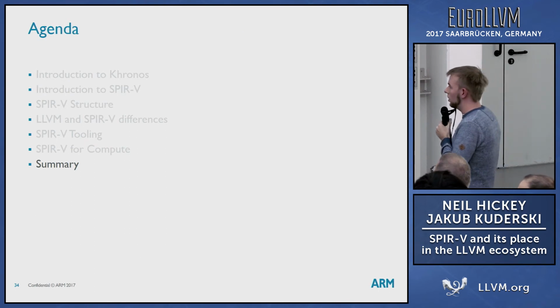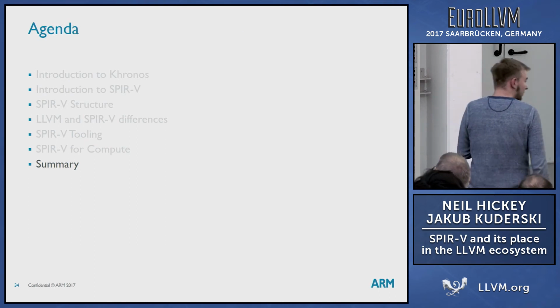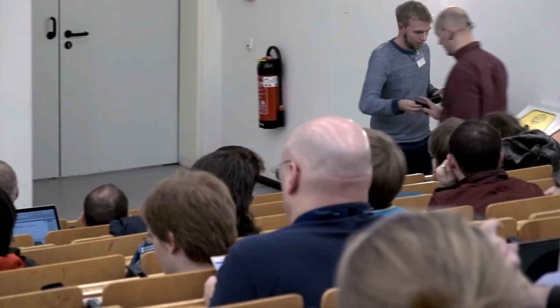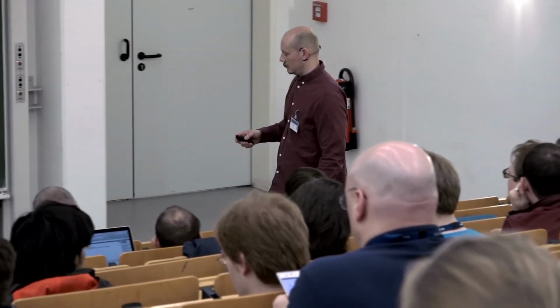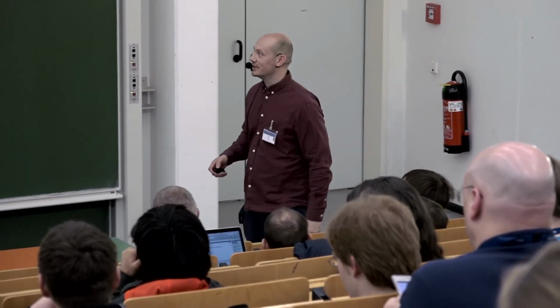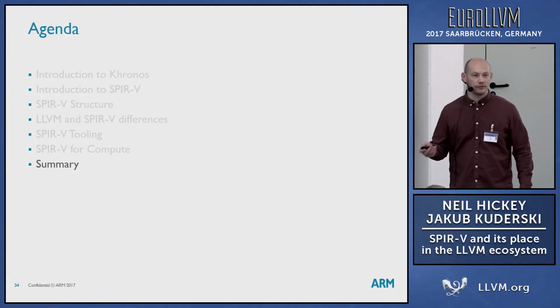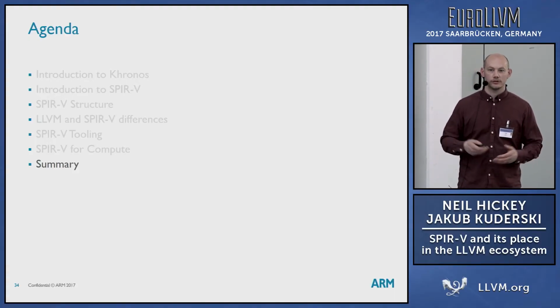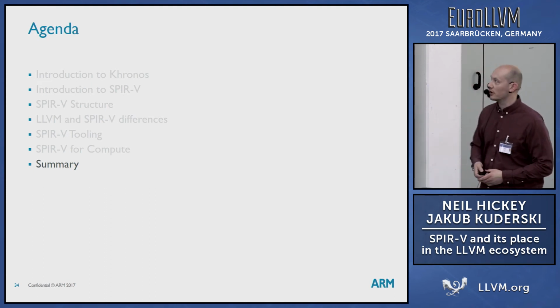Okay, so is there a summary now, Neil? So, Jakub made it sound like SPIR-V was broken in some way, but the point is that it's designed for the class of architecture that it's going to execute on. So obviously it's designed to run for Vulkan, and it's designed to run for OpenCL.